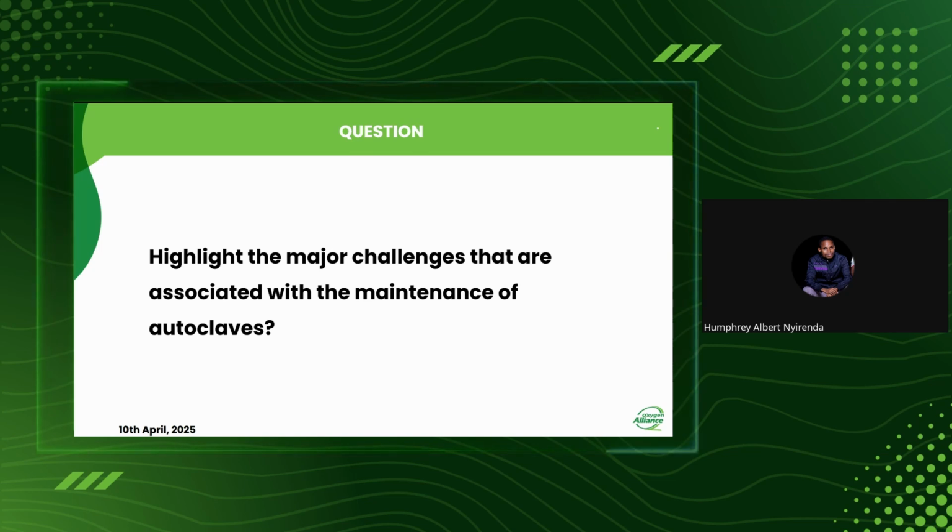I earlier talked of scaling that is caused by hard water. When this scaling builds up in the steam generator, it goes even beyond, into the pipeline system, the drainage system, or other openings between the steam generator and the jacket.